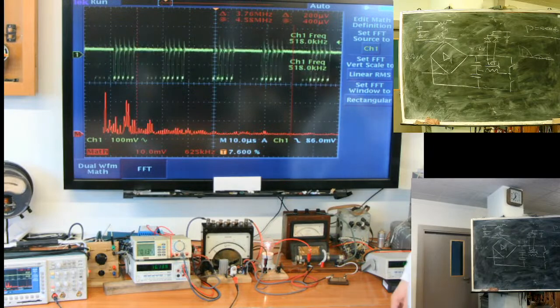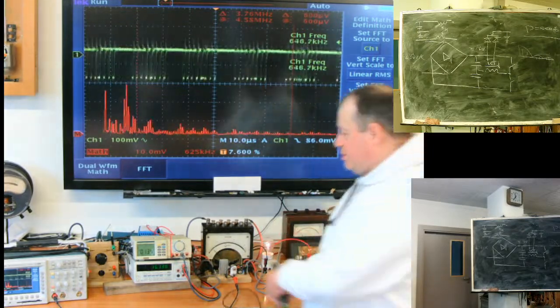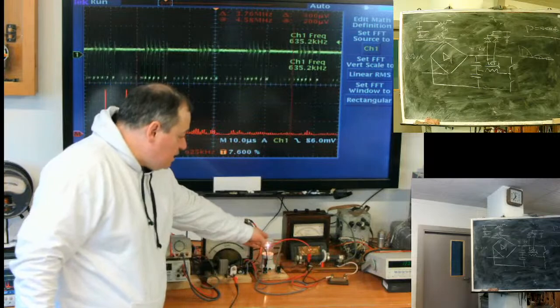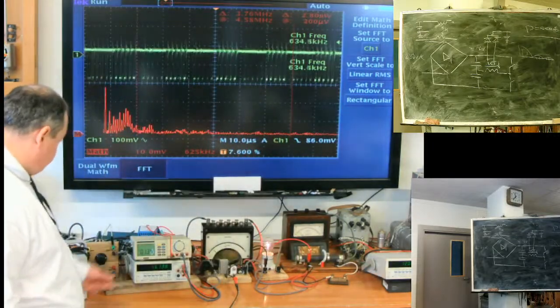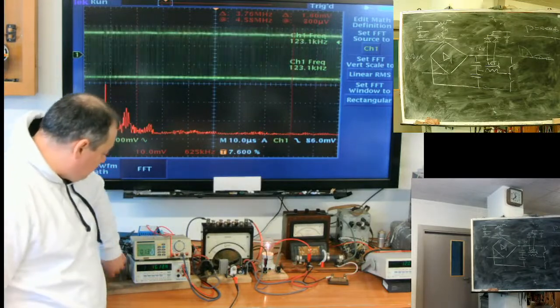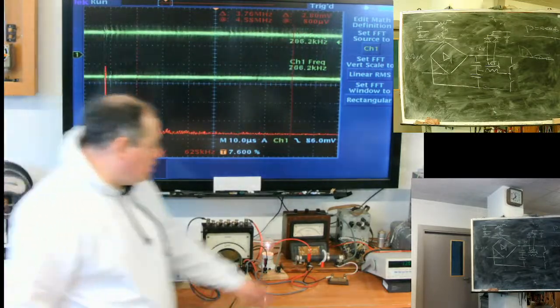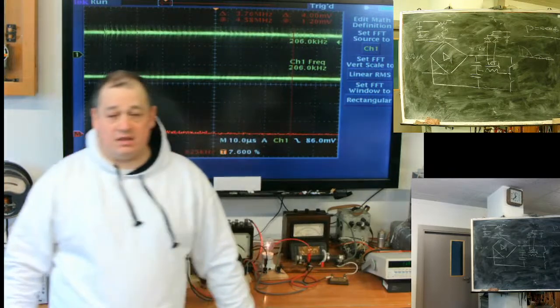The controller tries to keep 12 volts. I increase the voltage by 8 volts, and here it's 11.9, 12 volts.